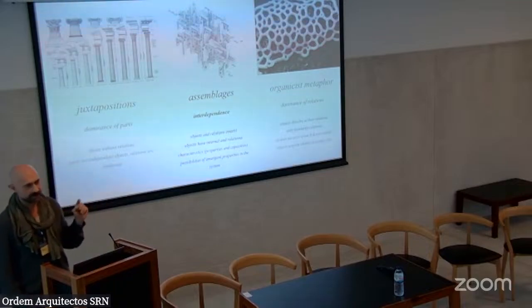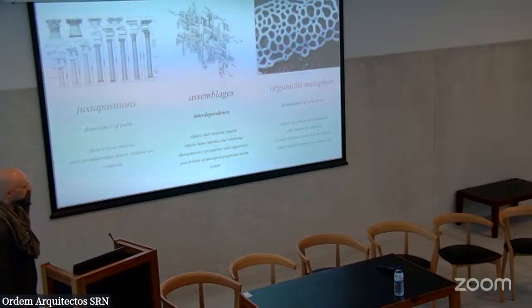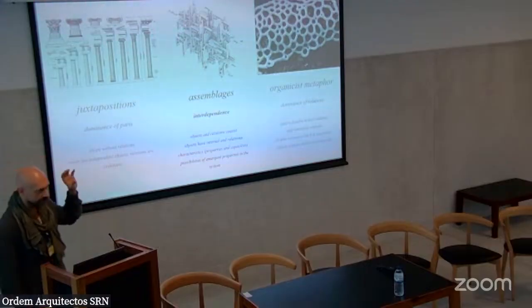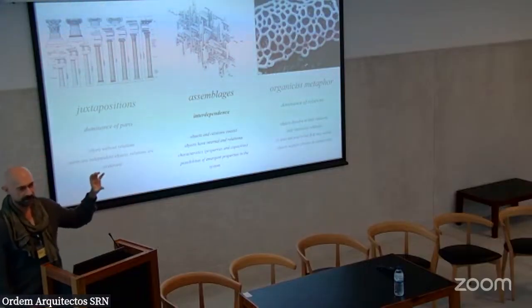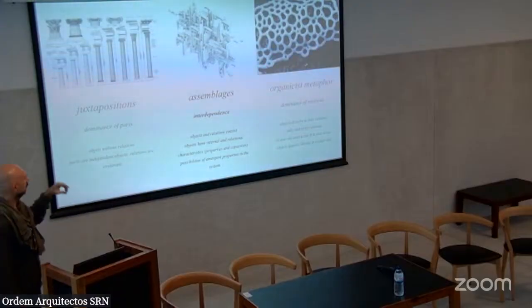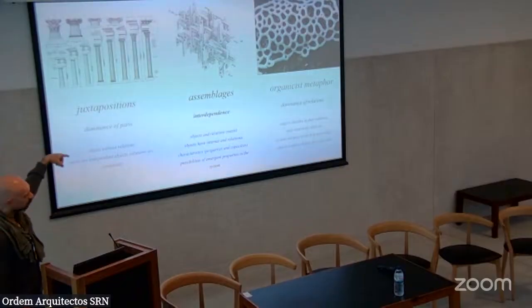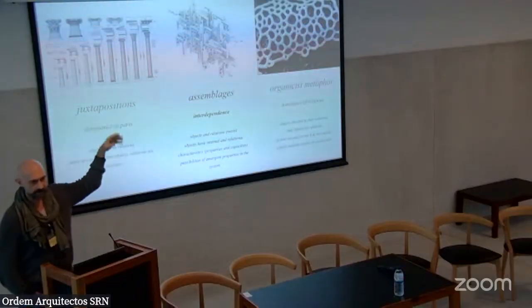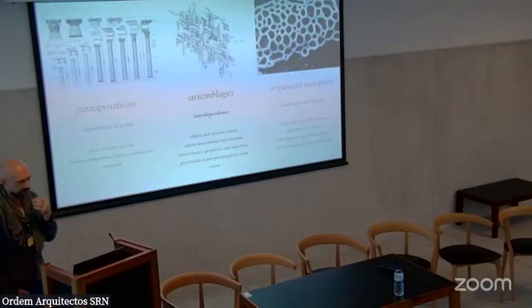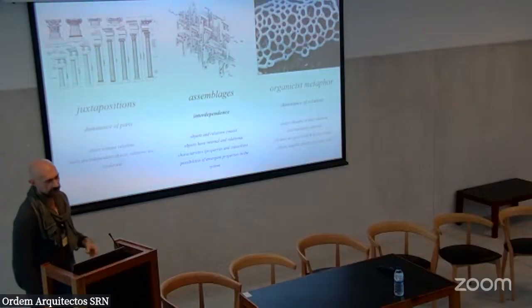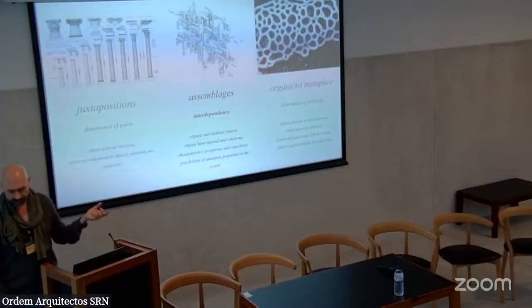One where you have juxtapositions in which we have dominance of parts where relations are irrelevant. A capital is a capital, and you can perfectly identify it as a capital and nothing else and nothing more, whether you take it on its own or whether you take it in a system with a column and a tympanum and everything else. On the opposite end of the spectrum, you have the organicist metaphor, where kind of the inverse happens.